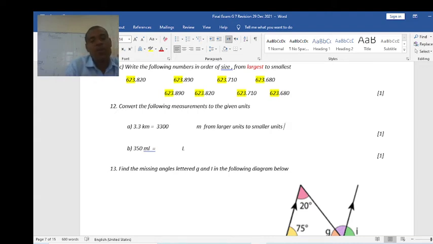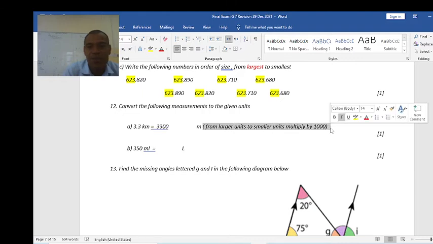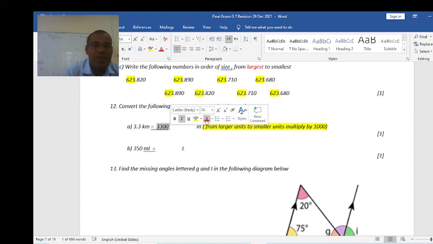From larger unit to smaller unit, multiply by what? Multiply by 1,000. Clear. Then I will put it in parentheses because it is an explanation. Then I will change the color if you would like. The answer is 3,300.